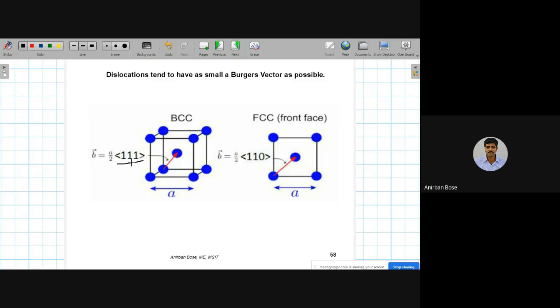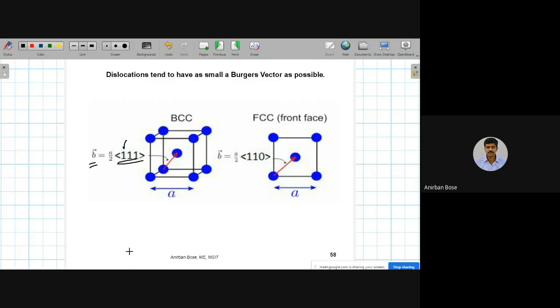The unit length in terms of the lattice parameter is a, which in a cubic crystal is the same in all directions. It is divided by 2 because it is the distance from one atom to another atom, the smallest distance to be traveled. That is why the Burgers vector in BCC is a by 2 in the 111 family of directions.